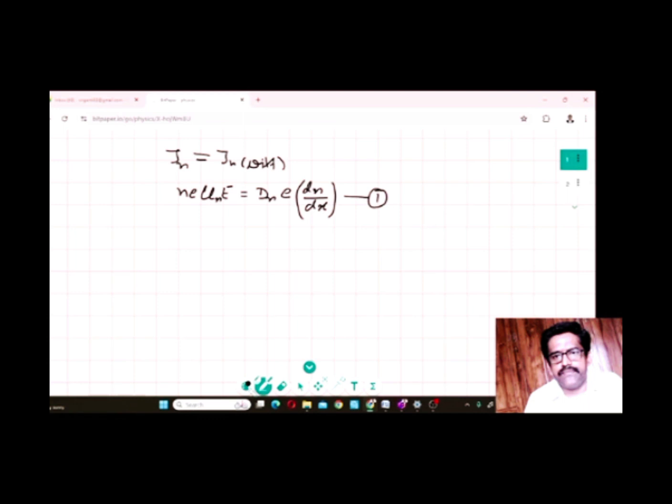We know that the Lorentz force, also known as the electrostatic force, is nothing but the charge into the electric field.